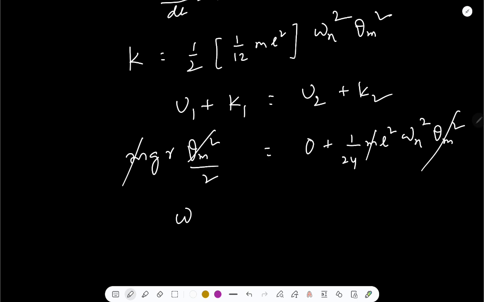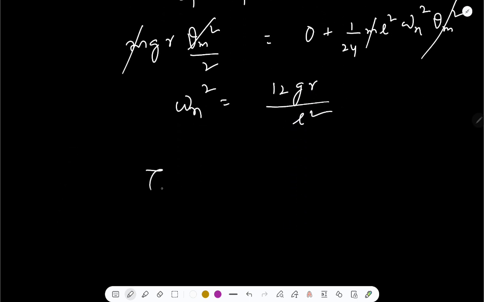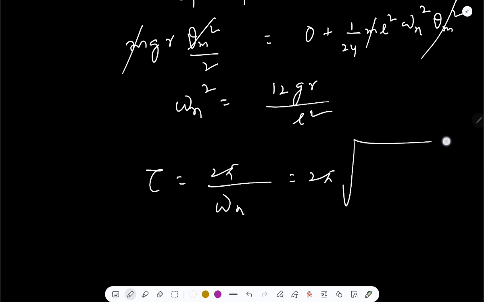So you will get the natural angular frequency for angular oscillation, and that is going to be the square root of 12 gr upon l square. So the time period is 2 pi by natural frequency of oscillation, and that will become 2 pi under root, l square upon 12 gr. Okay, so I guess this is the answer.